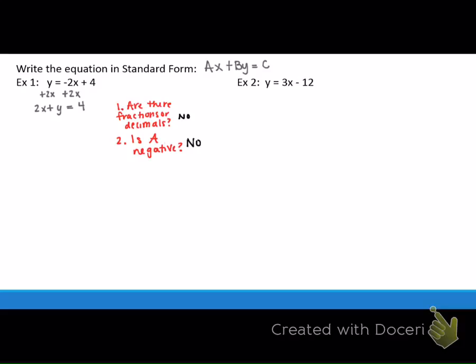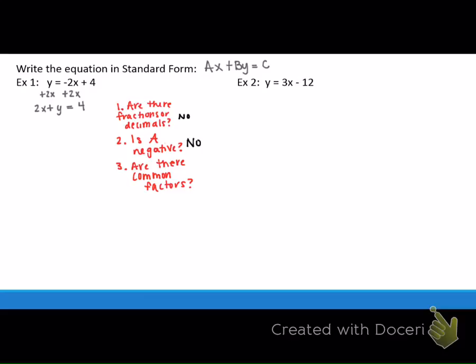And then finally, are there common factors? Common factors means the same number goes into everything. So we have a 2, a 1 in front of y, and a 4. Does the same number go into 2, 1, and 4? 1 is the biggest number that can go into them.